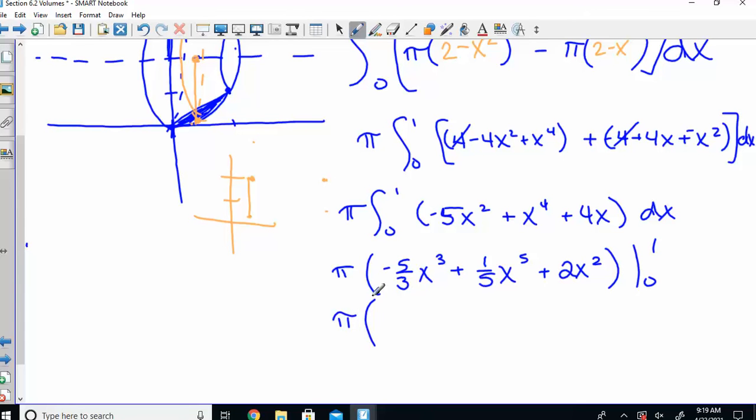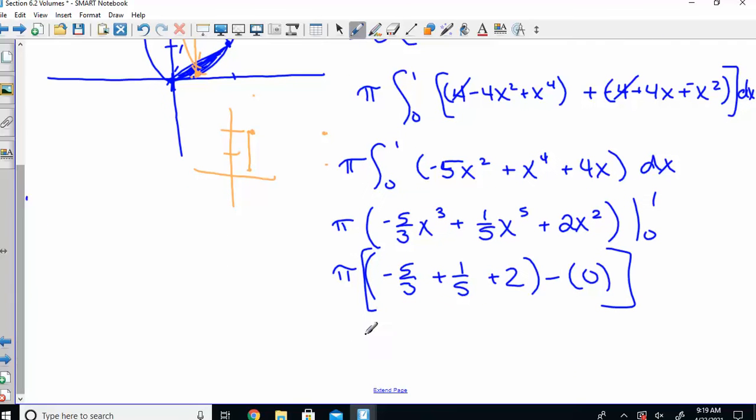If you plug in a 1, negative 5/3 plus 1/5 plus 2 minus, if you plug in 0, you get 0. Practicing getting our common denominator so we can do these without a calculator. So that would be a 15. So we get 8 pi over 15.